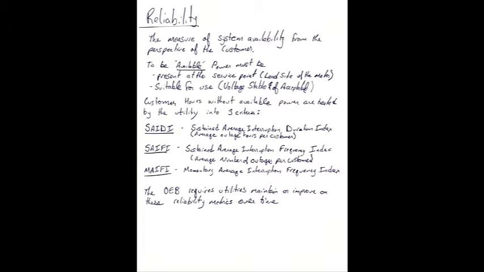So we have our SAIDI metric, which is the number of hours of outage in a year that the average customer sustains. Now, a couple interesting things about that. From a SAIDI perspective, a connection is a connection. So you could have the hospital or town hall or a large factory, and they're given as much weight as an individual residential customer. A connection is a connection for all of these indexes.